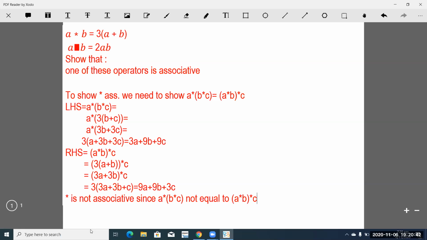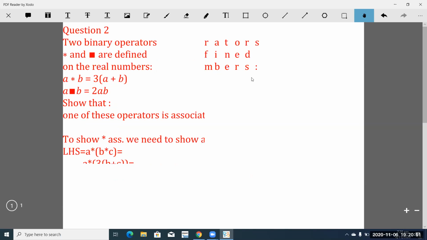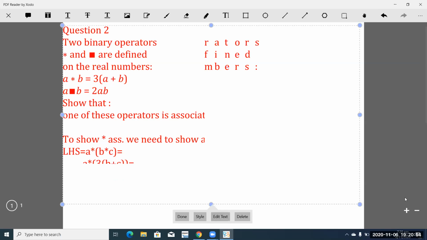All right. So we prove that the first one is not associative. Let's check if the one with the box is associative now.